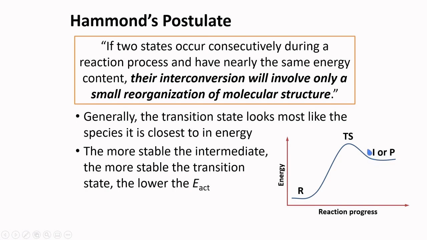If we can find a way to stabilize I in this case here, the stabilization of I will also result in the stabilization of the transition state, given that they have nearly similar structure.